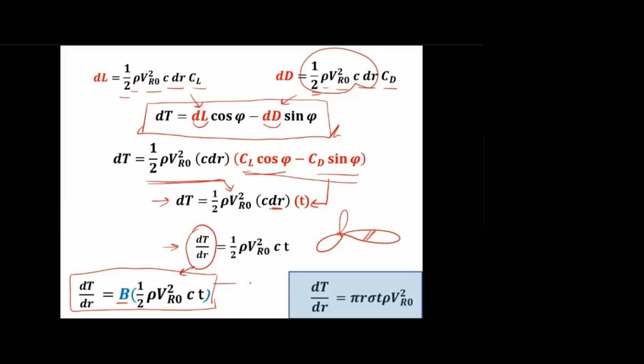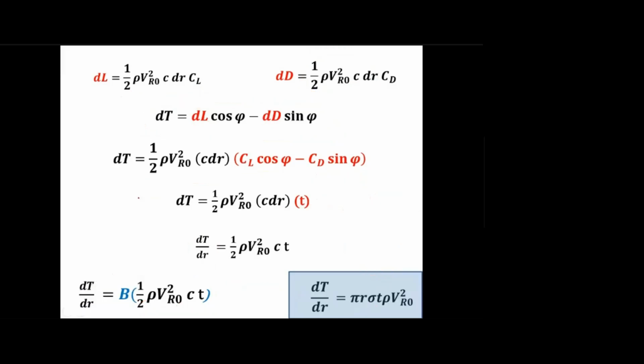And the same equation we are writing in terms of sigma also, that is solidity ratio, BC divided by 2 pi r. So we have B term, 2 term, C term and all. So we can rearrange this in terms of sigma also. So we are getting this final term. Is that clear? So first thrust equation, then substitute dl dd, simplify.